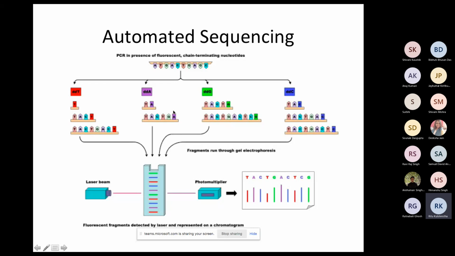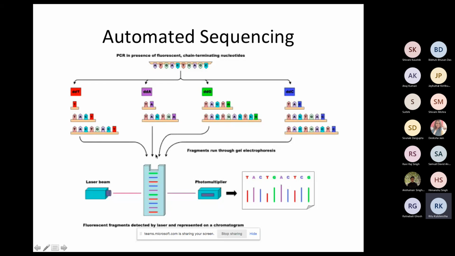So now what I can do is have a thin capillary and pass all the 4 reactions combined through this capillary. The reaction still would have to take place in 4 different tubes. It's just that after the PCR is done, you combine these and then you run it through this capillary. Now, let's say there was a fragment which was ending in this ddTTP, okay, T. So it means it has a red fluorescence.